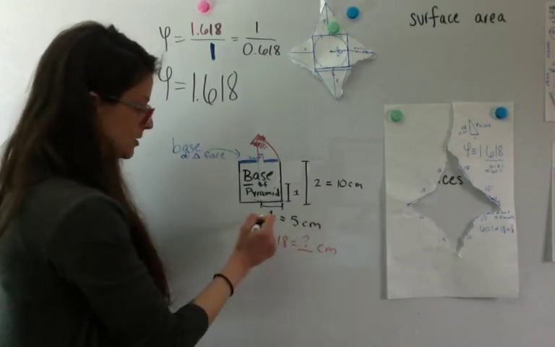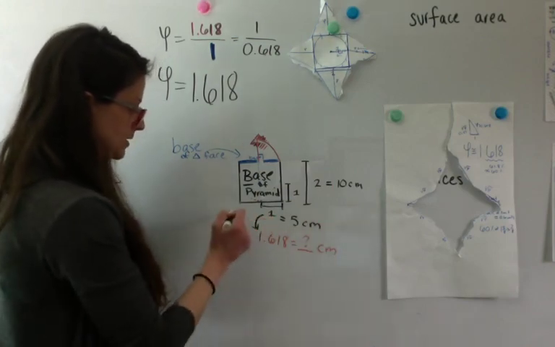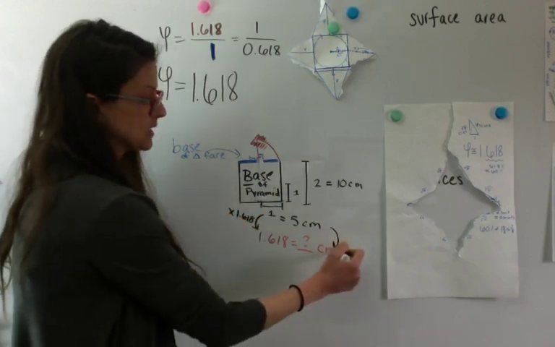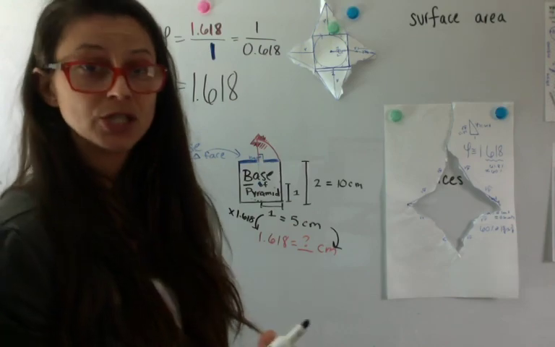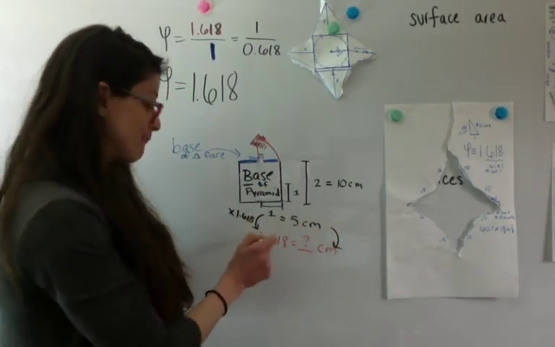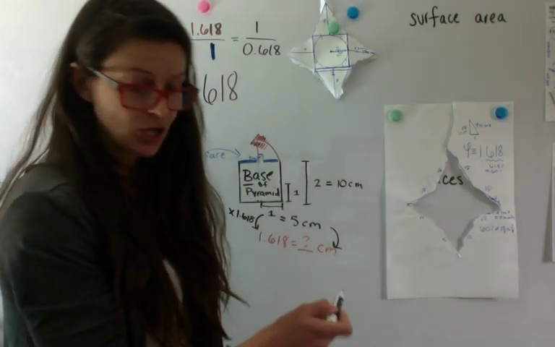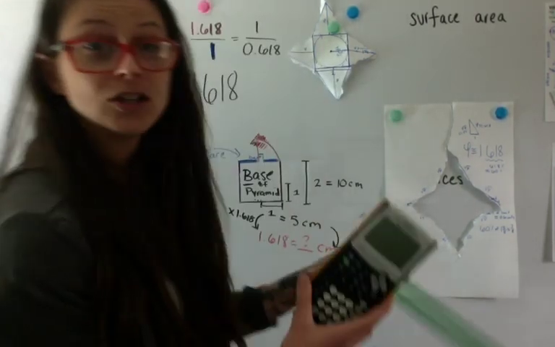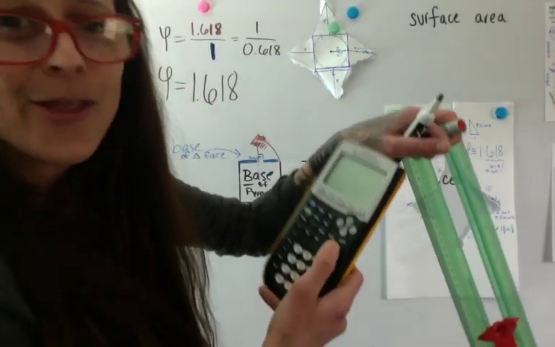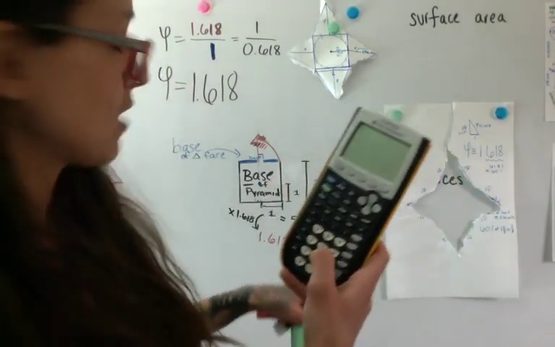So what do I multiply 1 by to get 1.618? So then, just like writing equivalent fractions, proportionality works the same. I want to multiply 5 centimeters by the same factor so that I get an equivalent ratio. And I could spend time doing this by hand. That's something you can do if you're interested in it. Otherwise, grab a device. I love my graphing calculator.